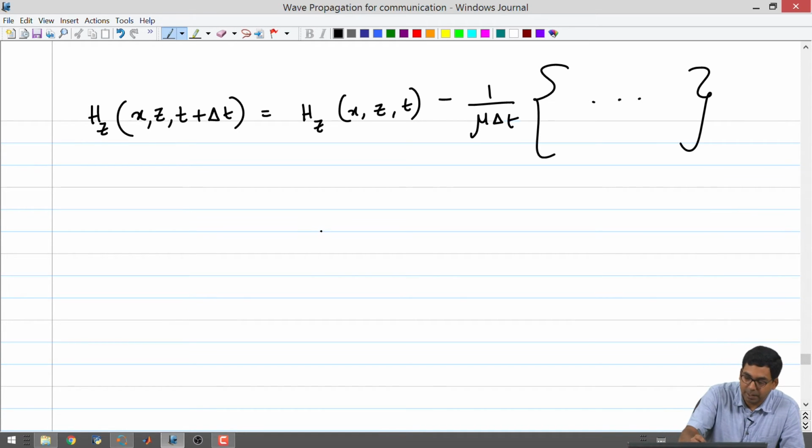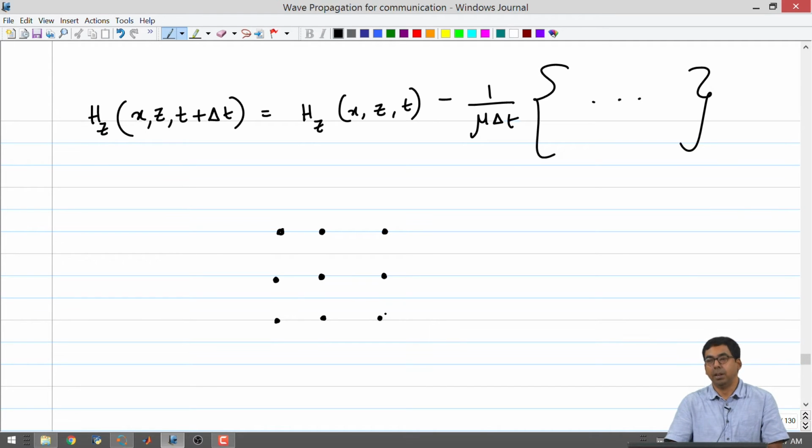But the premise of the argument is like this. Okay. Suppose I take a few grid points in my space, and let us say that I put a source over here, all right, in this point, and right.